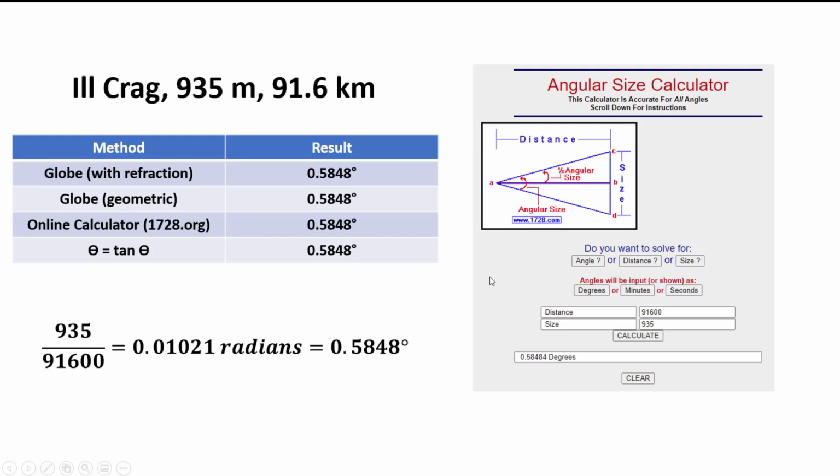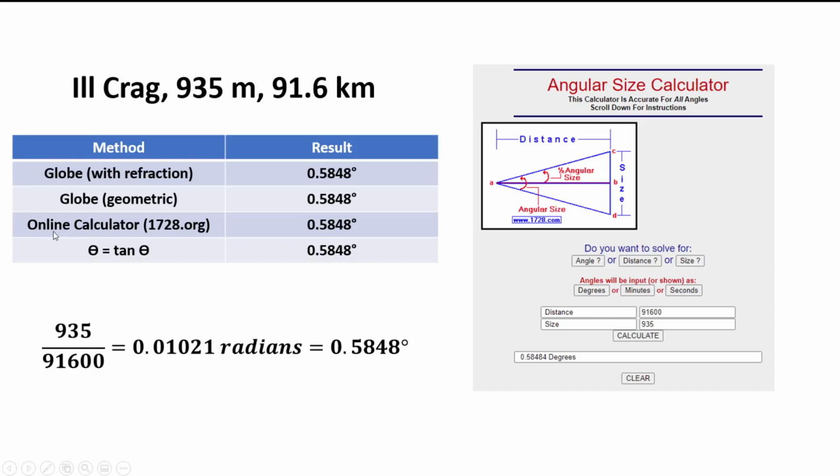And to calculate the angular size, we could assume a globe and assume refraction. We could factor in the tilt and blah, blah, blah. And if we do all of that, we get an angular size of 0.5848 degrees. If we ignore refraction and just do a purely geometric globe, we get 0.5848 degrees.